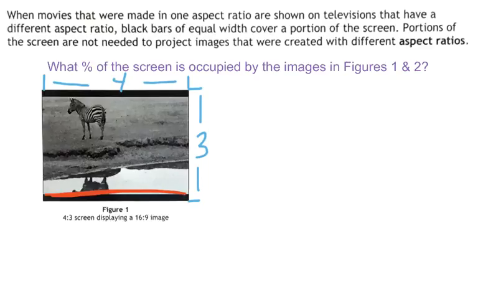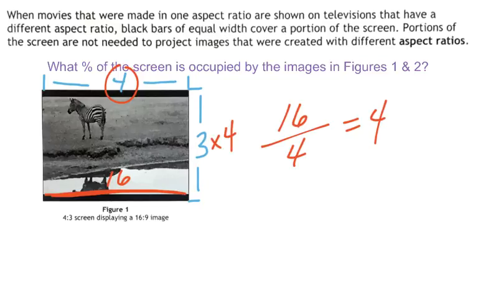So that means we need to find a factor that the screen width of 4 can be multiplied by for the image width of 16. So basically 16 divided by 4, since the widths are the same, and you're going to get 4. And so then we have to multiply that 3 by 4 as well.